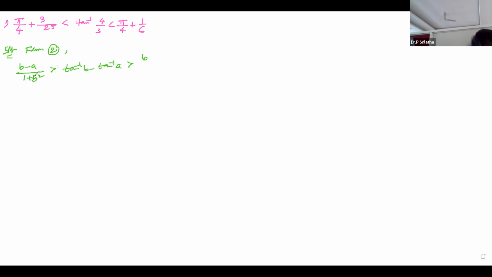I am writing the step before. So what is the statement? B minus A divided by 1 plus B square is less than tan inverse B minus tan inverse A is less than B minus A divided by 1 plus A square. Okay.